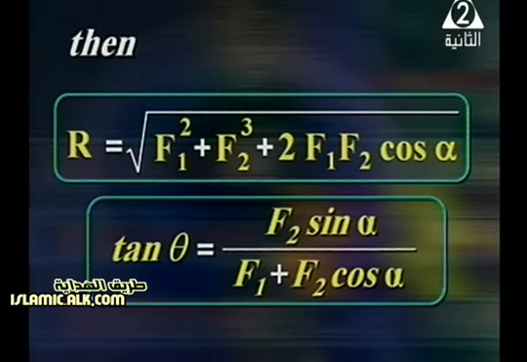When we find the resultant of the 2 forces F1 and F2 with angle alpha between them, this rule is very important. R, the resultant of the 2 forces, equals square root of F1 squared plus F2 squared plus 2 F1 F2 cosine alpha. What is the direction? Tan theta equals F2 sine alpha over F1 plus F2 cosine alpha.